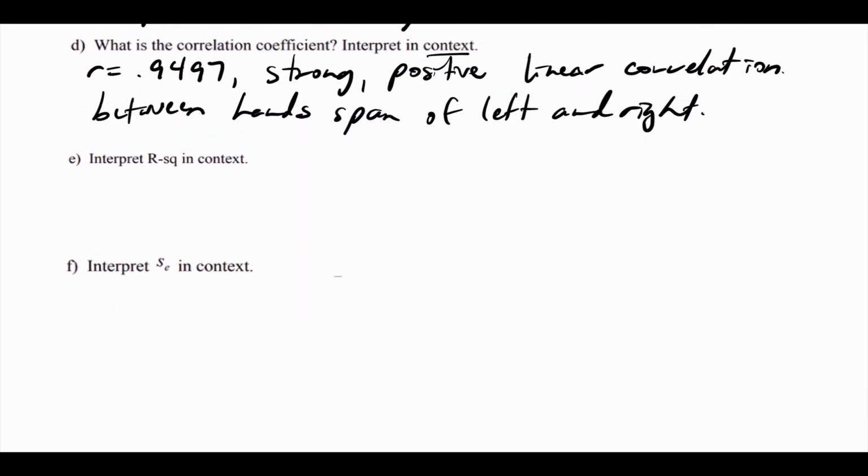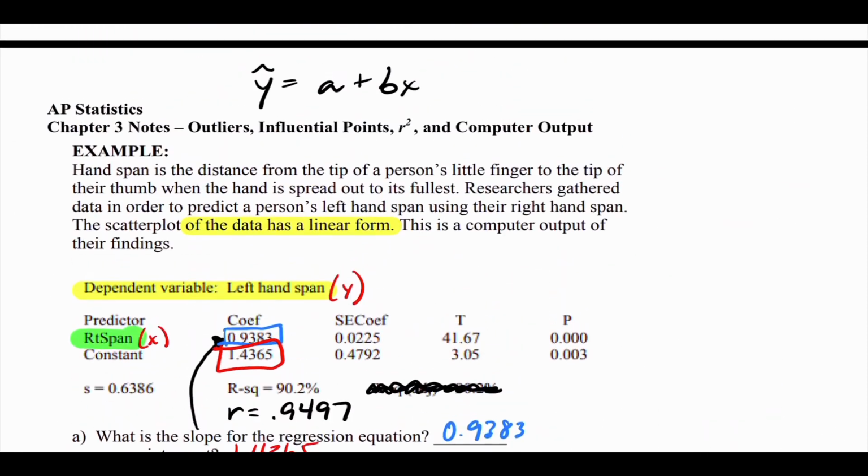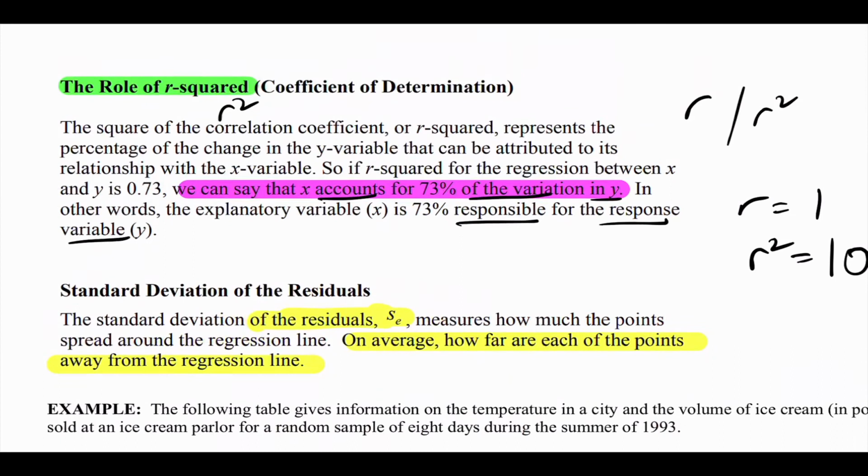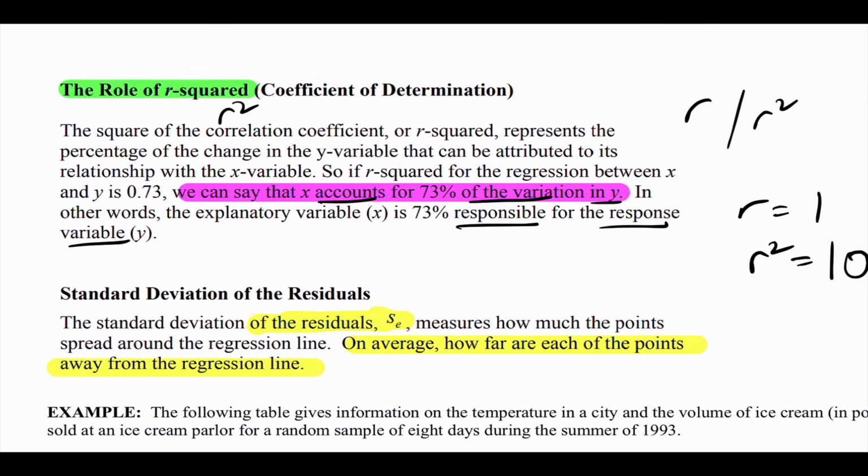R squared, and then S. So for R squared, we have the number 90.2%. So we're going to use this sentence frame over here. Right here, the explanatory variable. We're going to change out the word. Instead of saying explanatory variable, we're going to say what ours is.